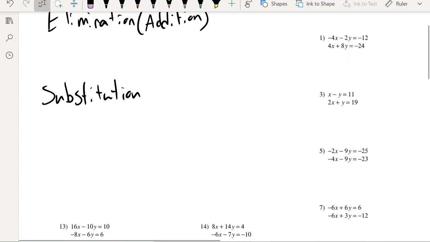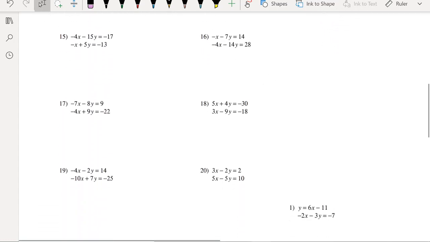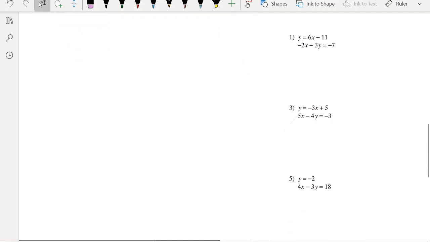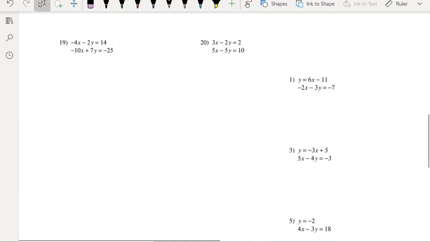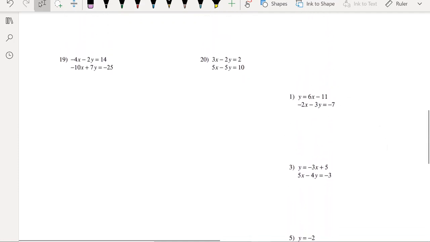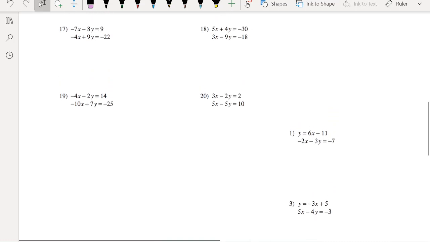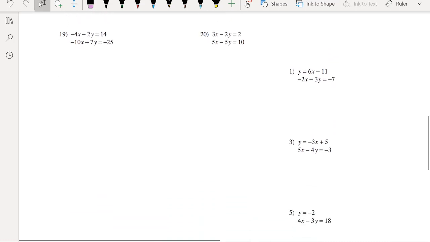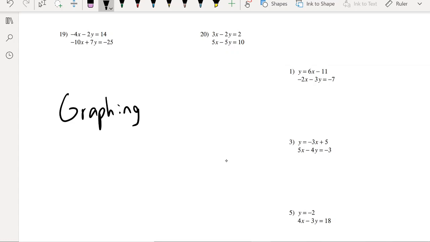But there's actually two others, and it depends on how fancy you are. I have all these examples here because I'm going to classify each one and put letters next to it. There's graphing, which is one that you might have already used. Some of them are set up for graphing, and we'll talk about that in a second.